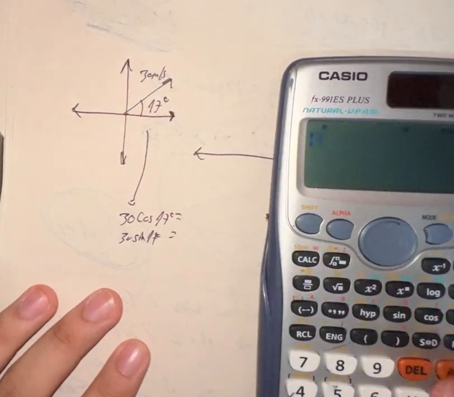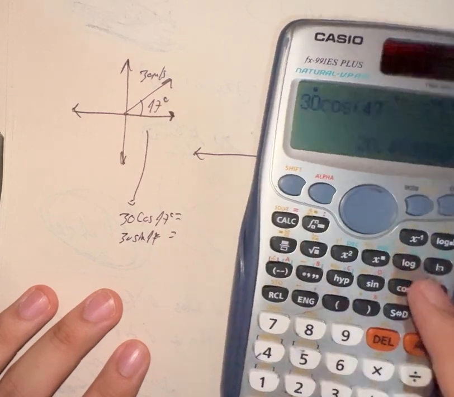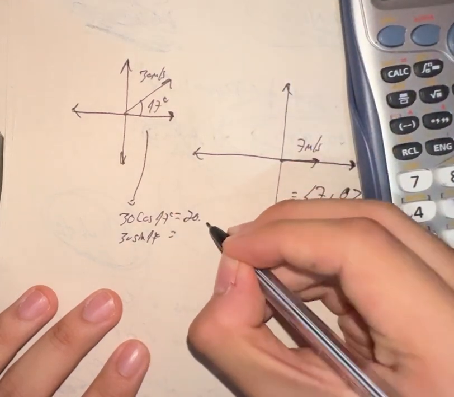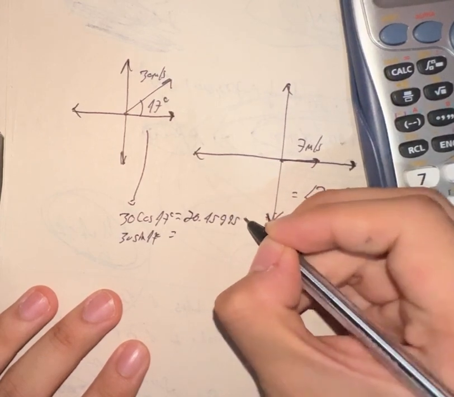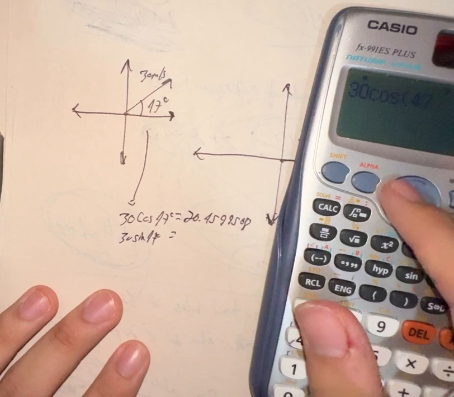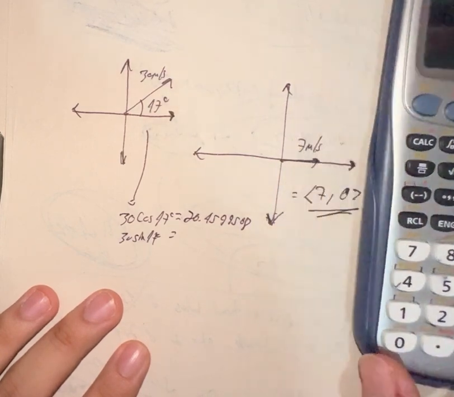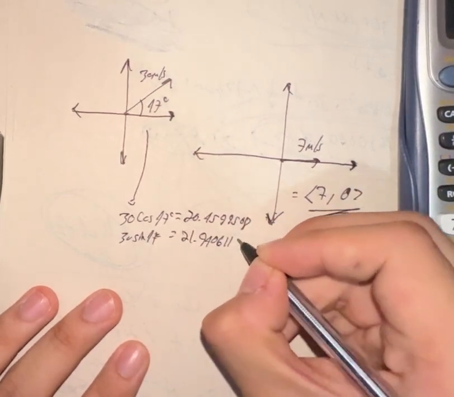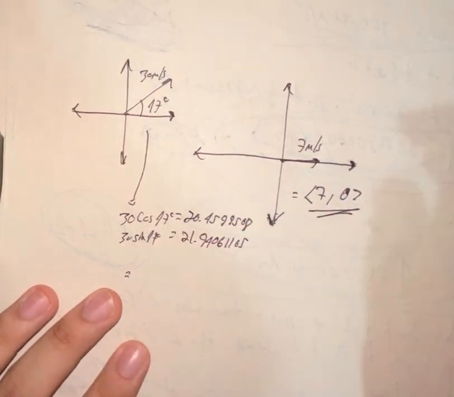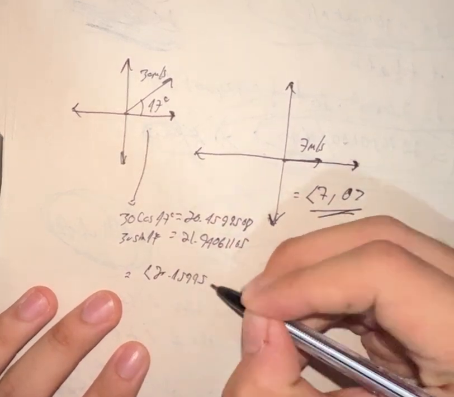Substituting those values into the formula, 30 cosine 47 degrees gives 20.45995. You know what? I'm going to write the entire thing. Decimals bug me. 30 sine 47 degrees gives 21.94061105. So that's the component form of our vector.